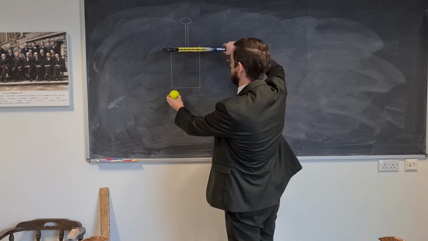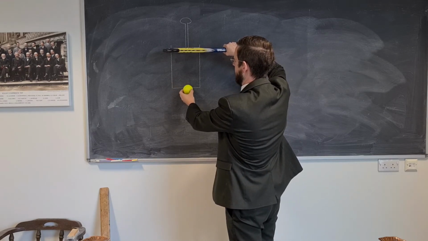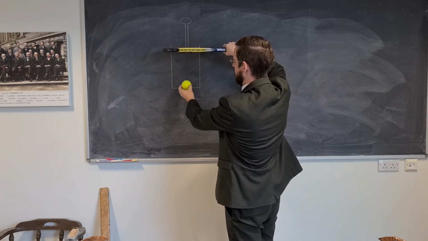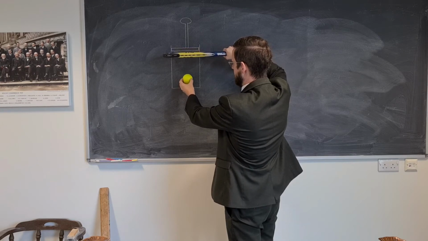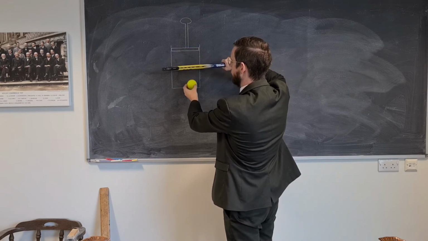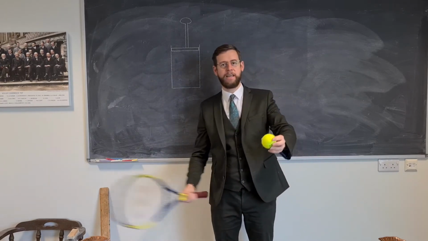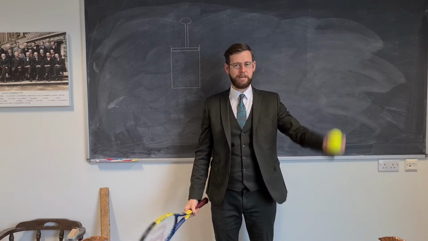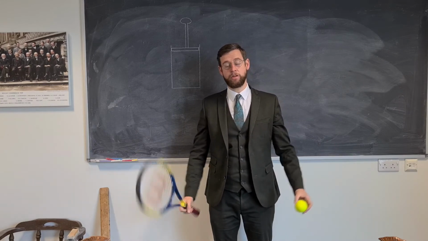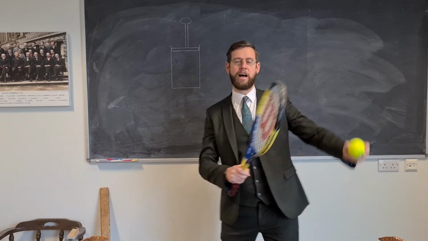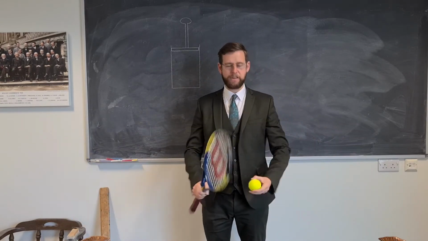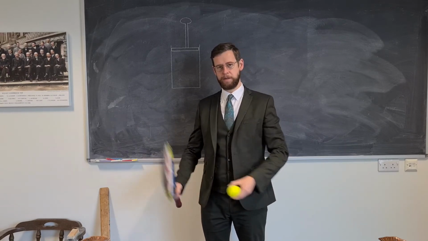It is not just its velocity being returned, it now has its velocity plus a little bit more velocity from the bat. It makes sense that if I can hit this at 50 meters a second, if I was on a train and I hit it, I would be able to hit it with a speed of 50 meters a second plus the speed of the train.